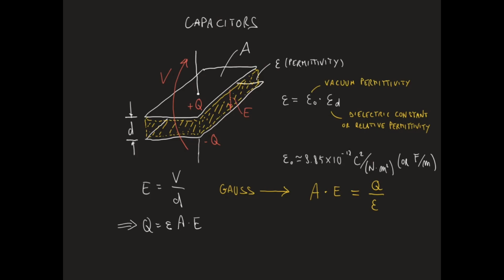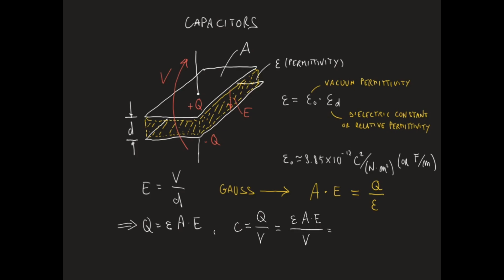Now we know that by definition, the capacitance C is given by the charge Q divided by the voltage across the capacitor V. By replacing Q in this expression, we get epsilon, the area A, times the field magnitude E divided by V. But we know that the field is the voltage divided by the distance between the two plates.